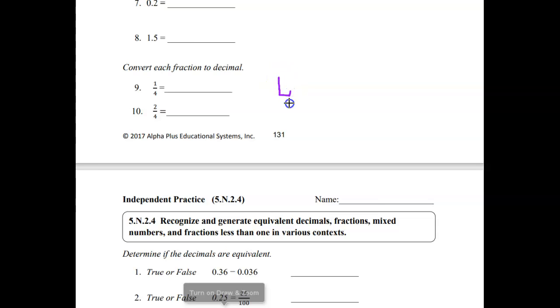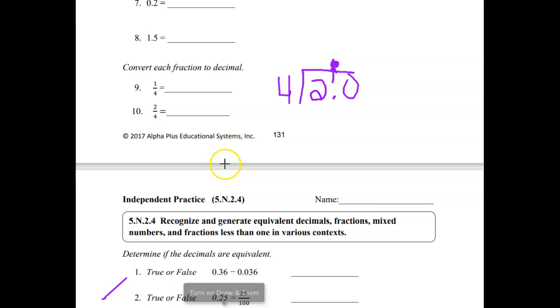The denominator goes on the outside. I don't know why I'm having so much trouble with my pen today. 4 can't go into 2, so I've got to put a decimal down. I always bring this decimal up first so I don't forget it. Okay, now I have, looks like 20 divided by 4. So 4 will go into 20 how many times?